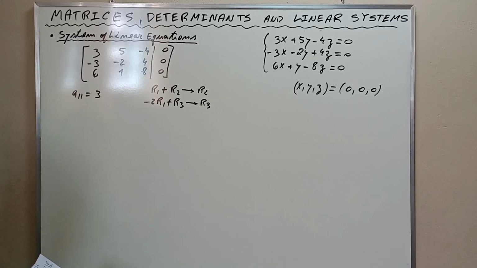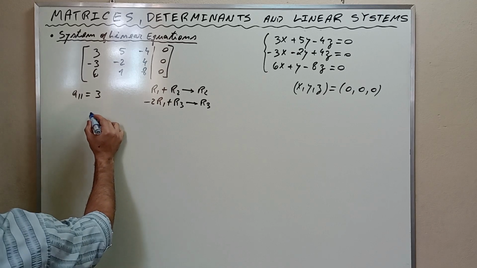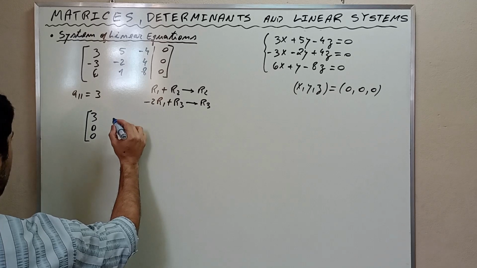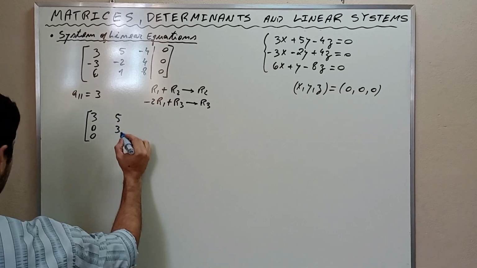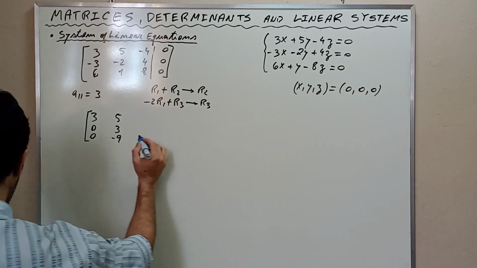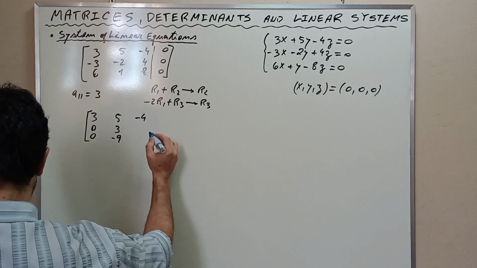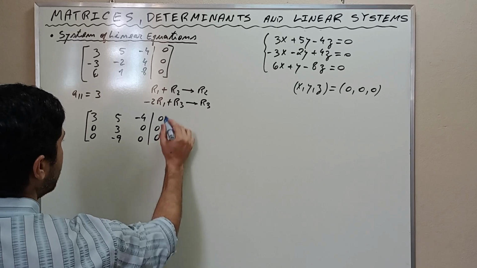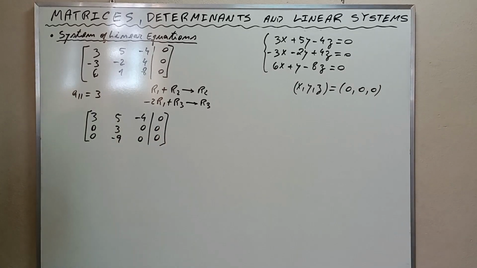After we do this, we find 3, 0, 0, 5, 3, -9, -4, 0, 0, 0, 0, 0. Okay?